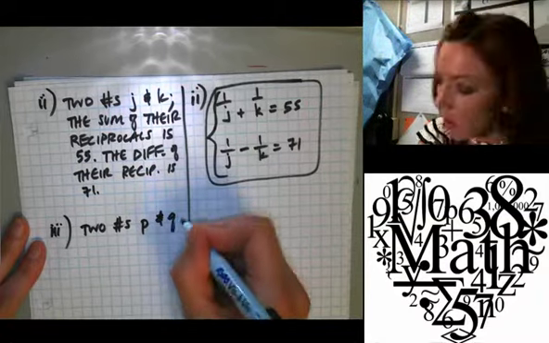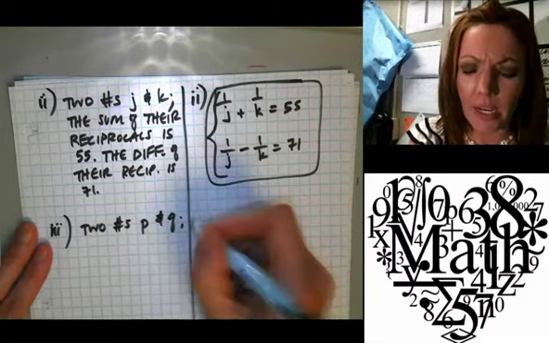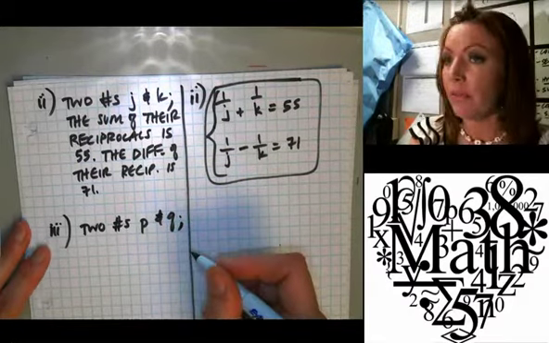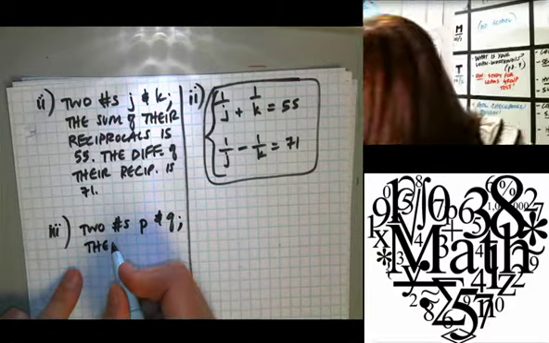Two numbers p and q. Everybody zip it. Okay, their product is 15.